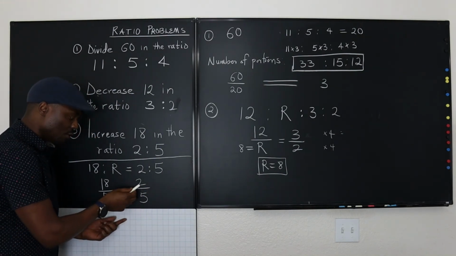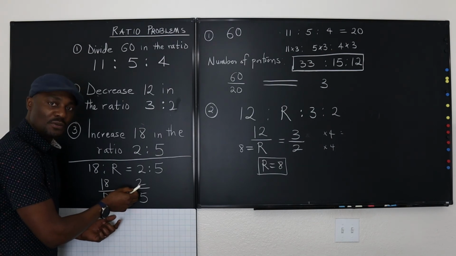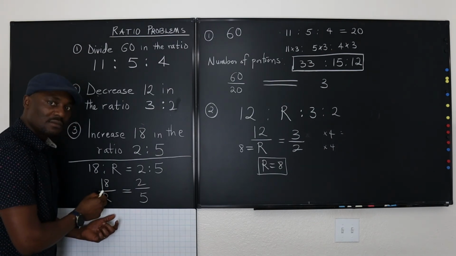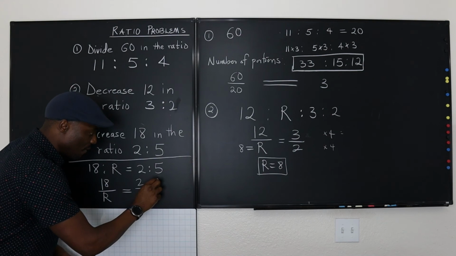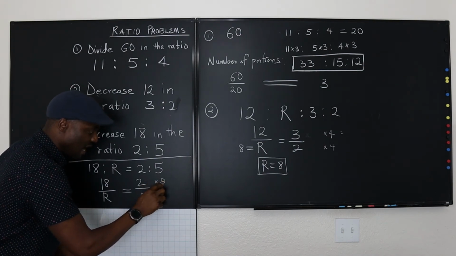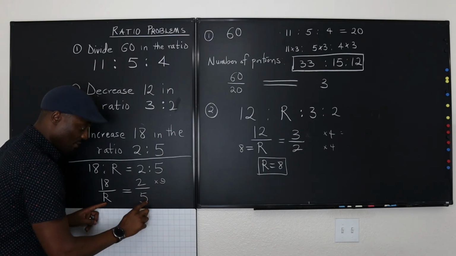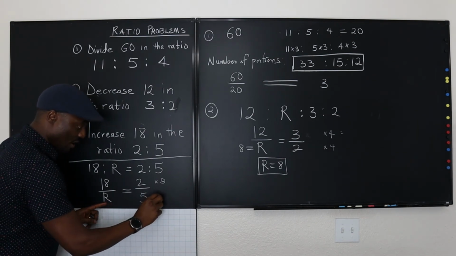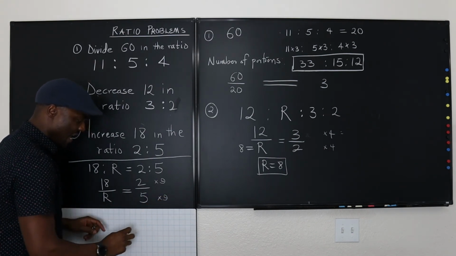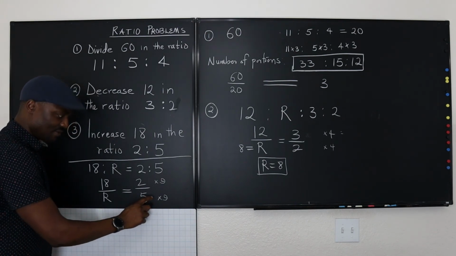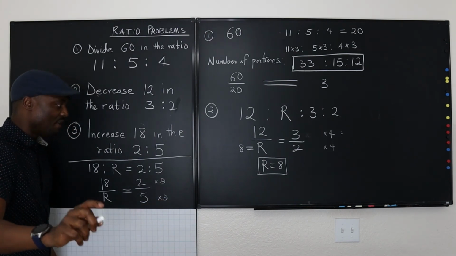What would you multiply 2 by to get 18? It's 9. Because you multiplied this by 9, you have to multiply this also by 9 so you can know what number is here. What do we get? 5 times 9 is 45.